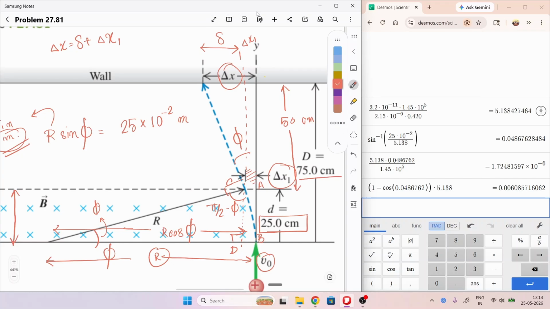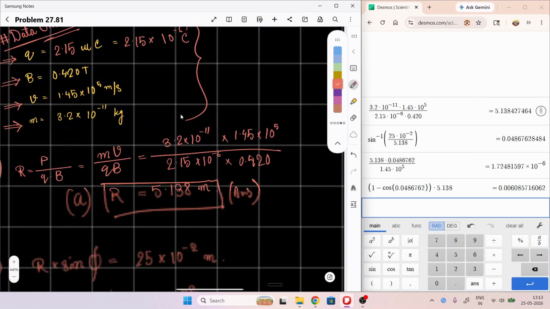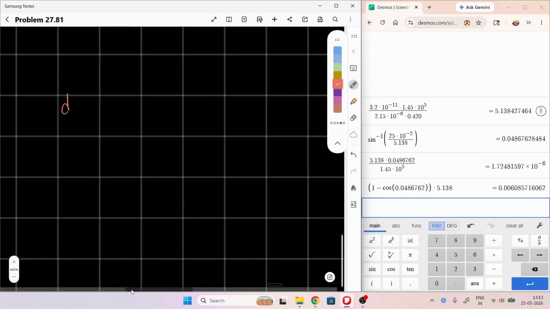And this is del. So we can say that in this triangle, tan phi equals del upon 50 into 10 raised to power minus 2.